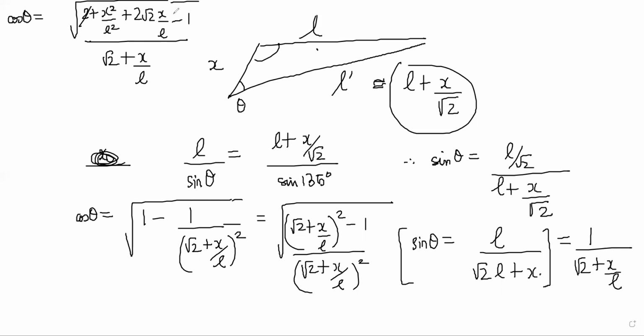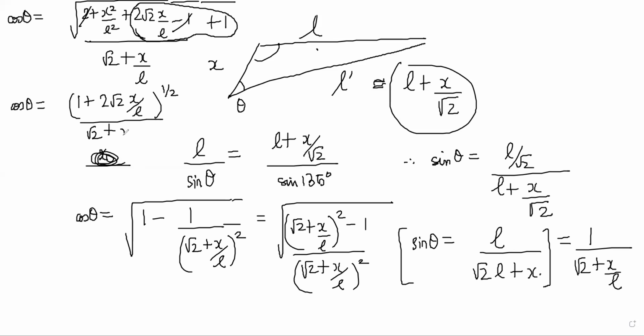So this becomes 1 plus 1, and x square by L square I can ignore. So I get 1 plus this thing, and the root of that. So cos theta is becoming 1 plus 2 root 2 x by L to the power half, by root 2 plus x by L.